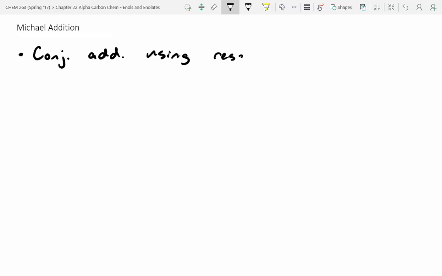A Michael addition. And this is a very special reaction, which is why I named it after Michael. This is a conjugate addition using a resonance stabilized carbanion as a nucleophile.